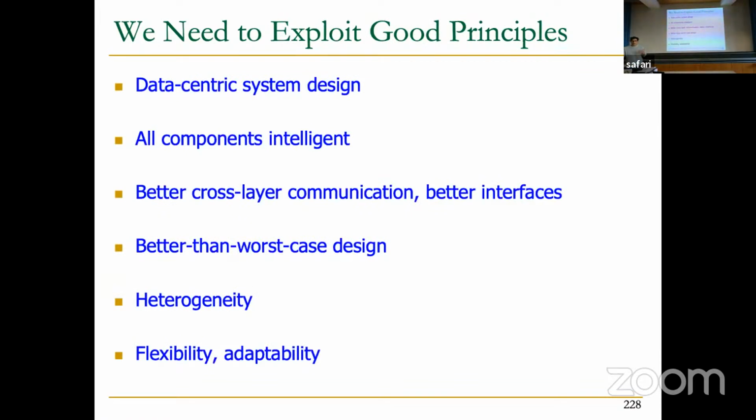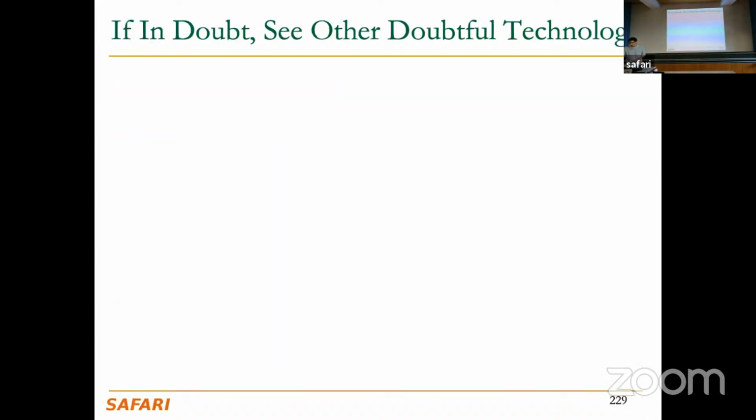All components can be intelligent, better communication across layers and better interfaces, better than worst case design, heterogeneity, flexibility, and adaptability. And we have just covered, or started to cover, a few of these things in these first four lectures. We will continue doing that in later lectures as well.